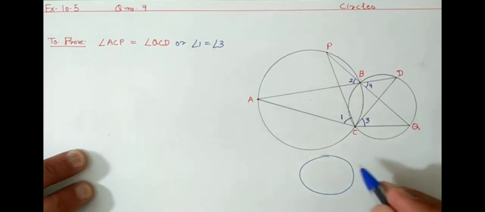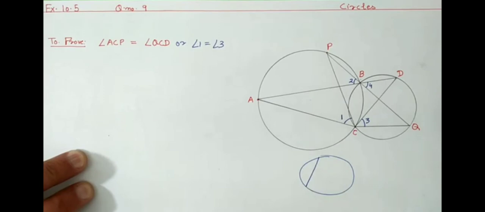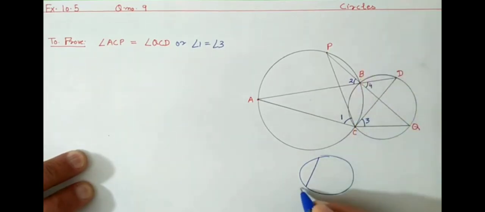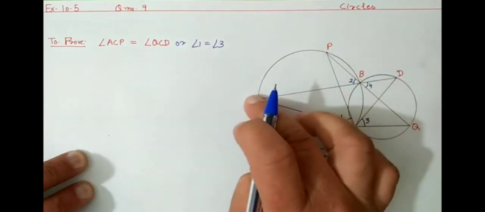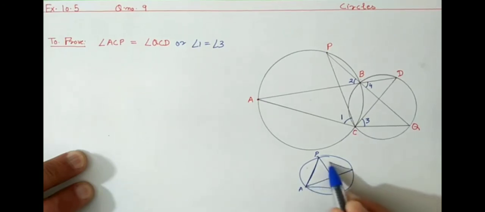Now you know the theorem that angles subtended in the same segment are equal. AP is the line segment, and because of this AP, these two angles are formed in the same segment, like this one, that is angle 1, and like that angle 2.